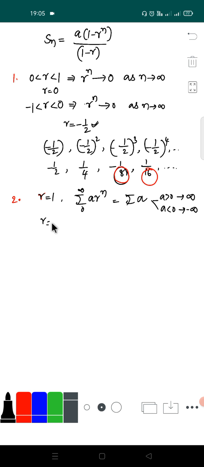If our r is -1, then we have a into (-1) to the power of n, from 0 to infinity.